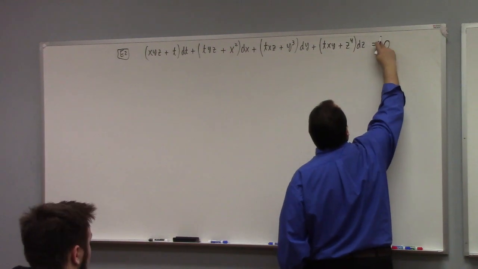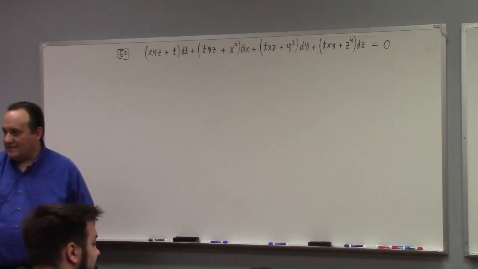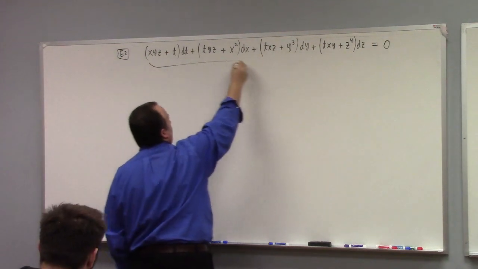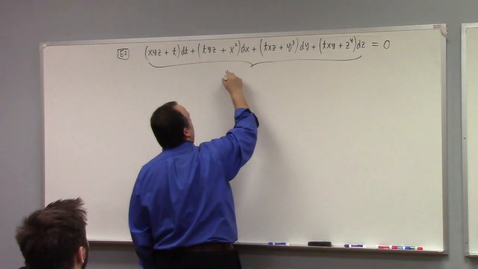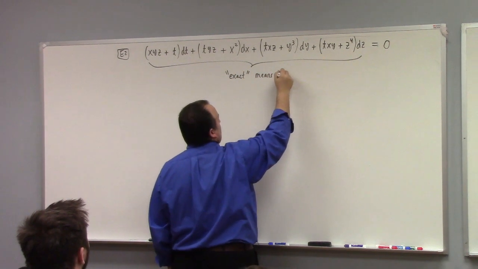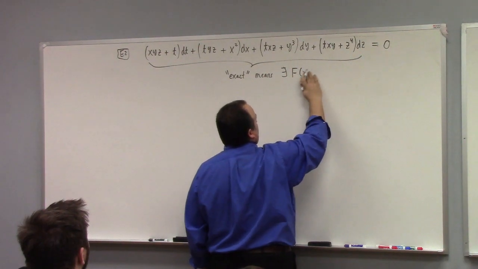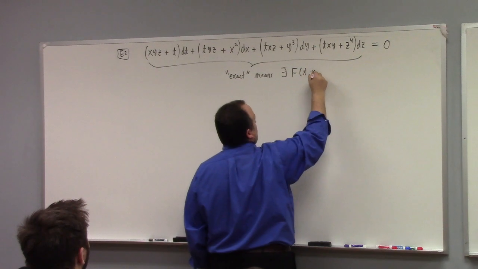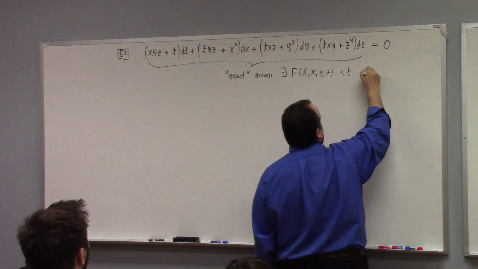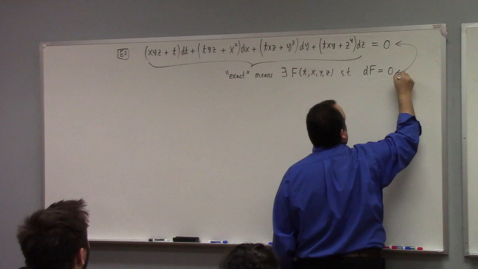So you're given, this would be kind of analogous to the one that's in that, right? So to say that that's an exact form, what that means is there exists f of t, x, y, z such that df equals 0 is exactly the same as that.